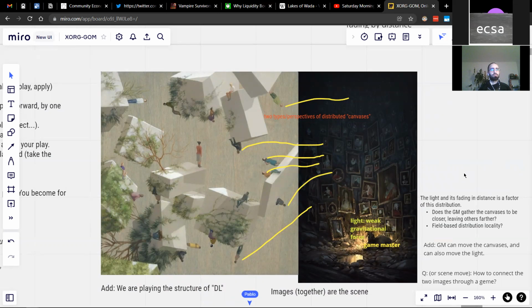What you do is you put the light somewhere and you are able to place certain canvases near it. But what will start to happen is if something is close by, but not in immediate light, in the semi-light, it starts to move closer towards it.